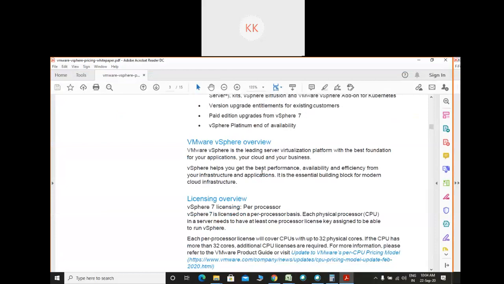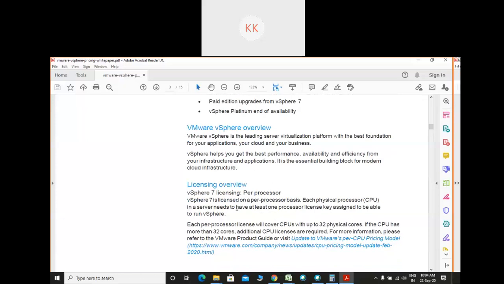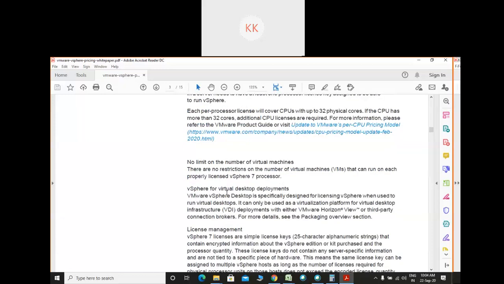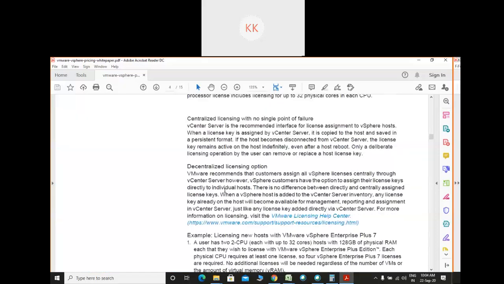Okay, I will share this white paper with you. I will put it in the group, then you can see from there. Licensing overview: vSphere 7 licensing per processor. Next class we will start, and all these things we'll discuss in the next class, how licensing is actually done.